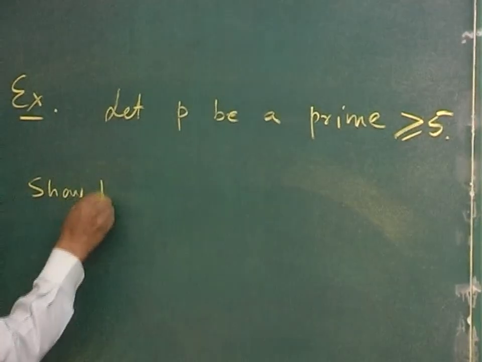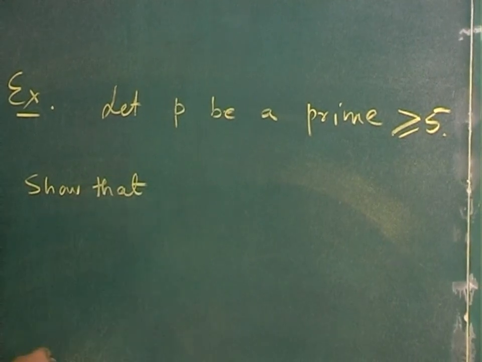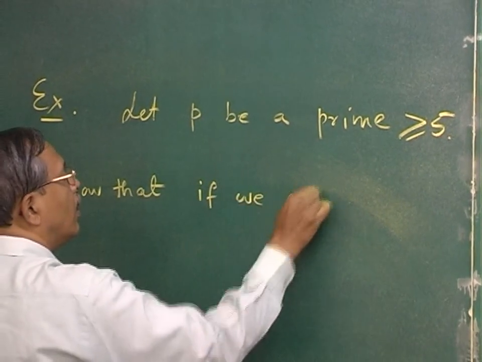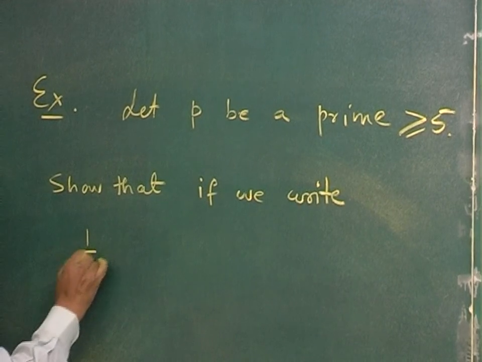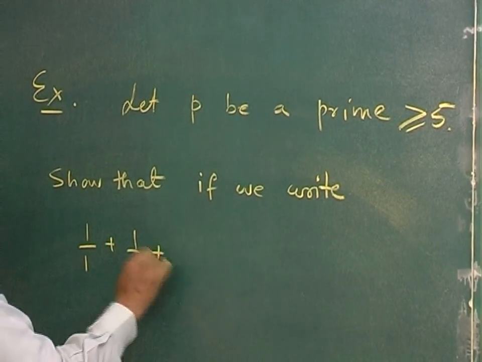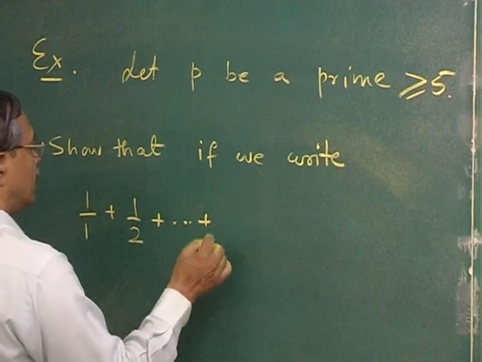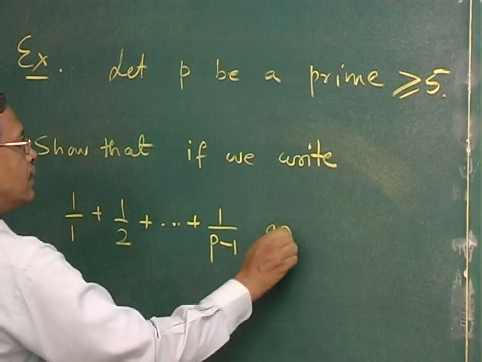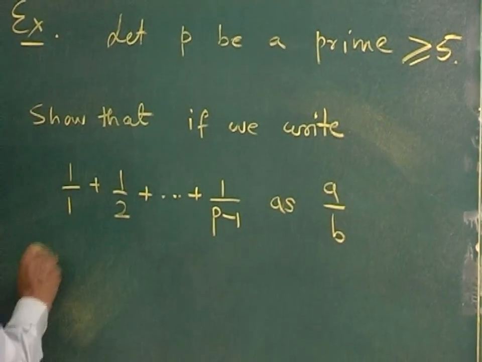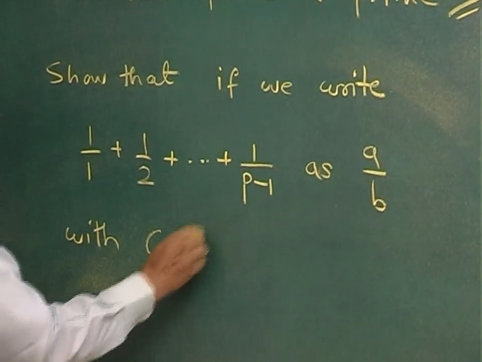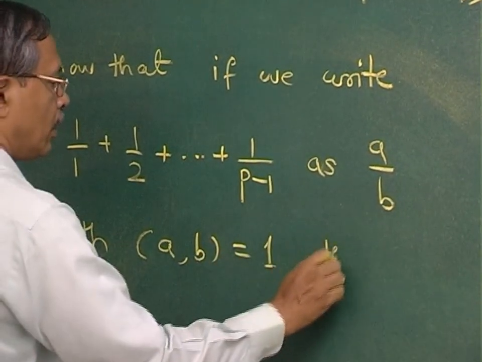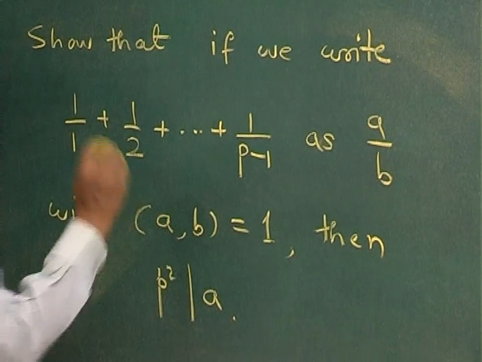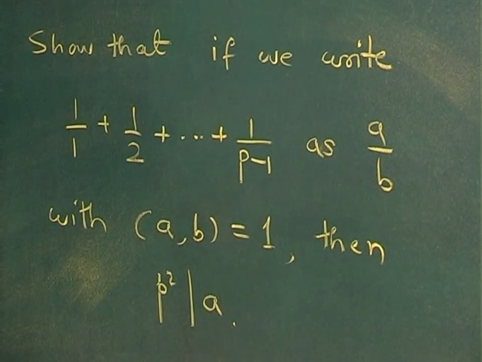Show that if we write 1 upon 1 plus 1 upon 2 plus etc. plus 1 upon p minus 1 as a upon b with GCD of a and b equal to 1, then p square divides a. p square divides the numerator of this rational number.